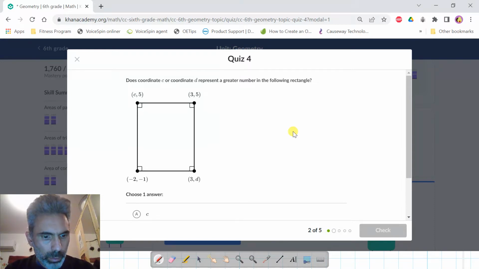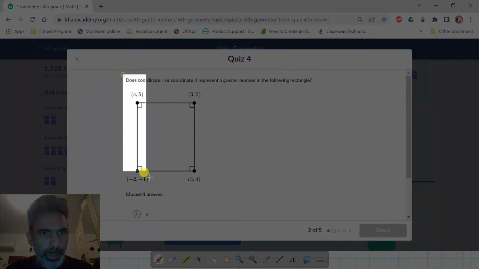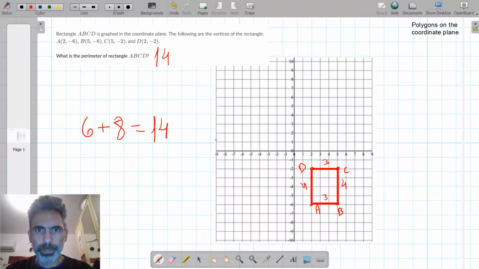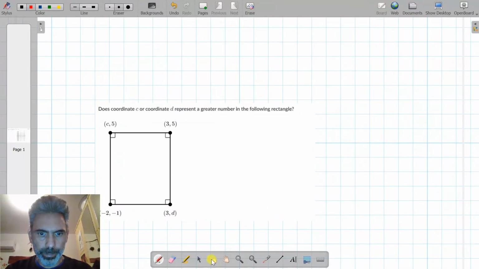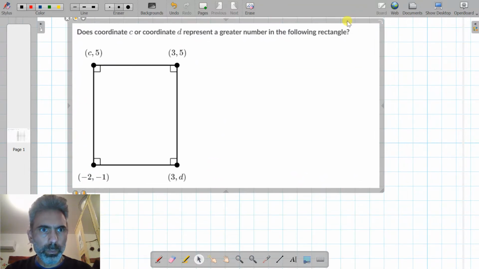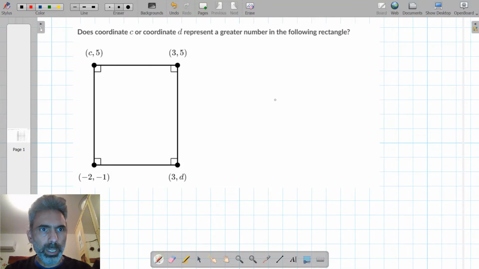Okay, let me copy the question first to the board. And the question is, does coordinate C or coordinate D represent a greater number in the following rectangle?